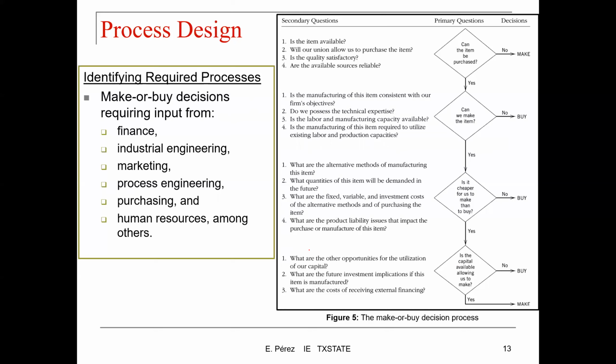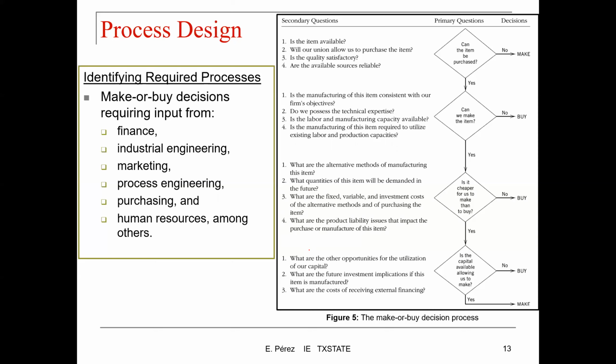Here we have a flow chart on the right side of this slide that can help you in making decisions of whether or not you want to buy or make in-house a particular part or product. We start from the top to the bottom. As you can see at the bottom, the last arrow says that if you answer yes to all these four diamonds, then you can make in-house.